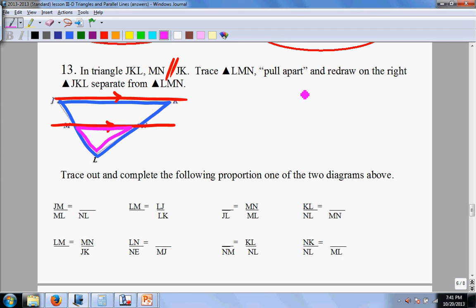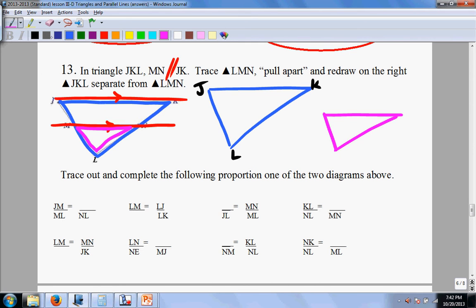And we want to pull apart and redraw on the right, JKL separate from LMN. And these guys were parallel.